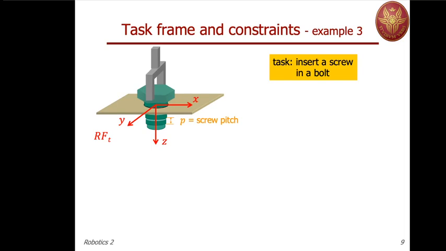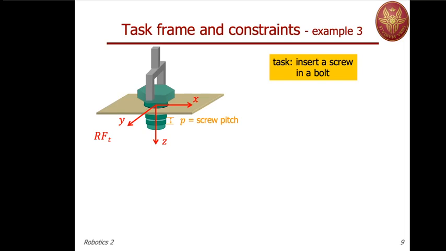Just before introducing the natural and the artificial constraints, we understand that while we are progressing with the task, so the screw is being inserted in the bolt, it cannot keep the same orientation. So the linear speed at which we progress inserting the screw in the bolt will be associated to an angular velocity as well, because of the existence of the screw pitch.